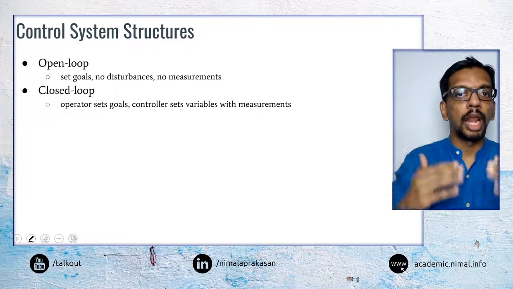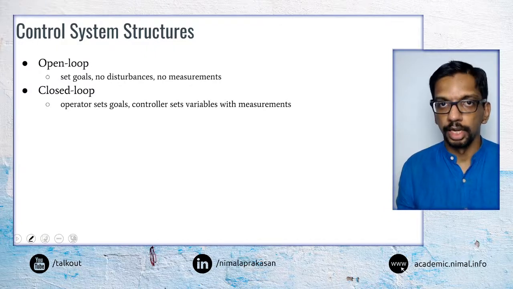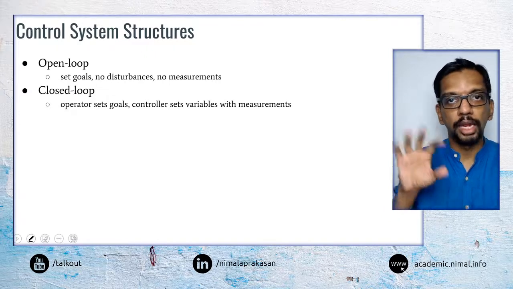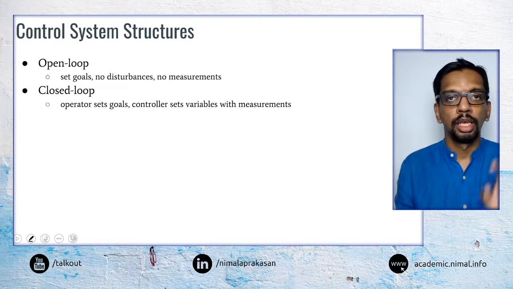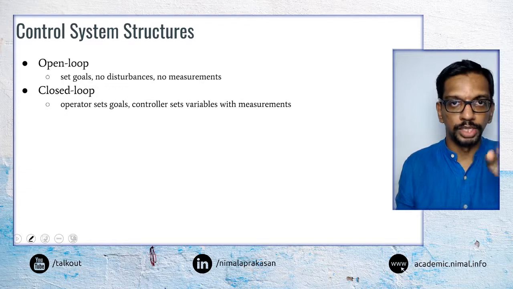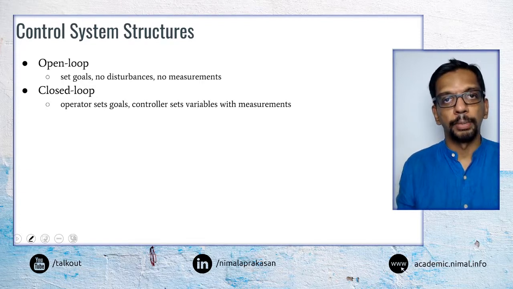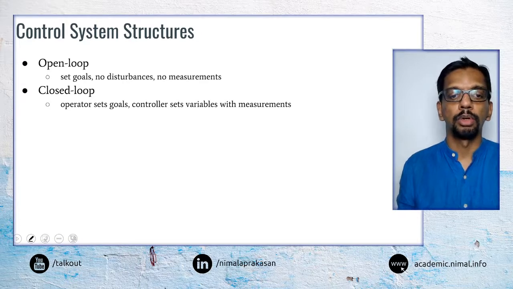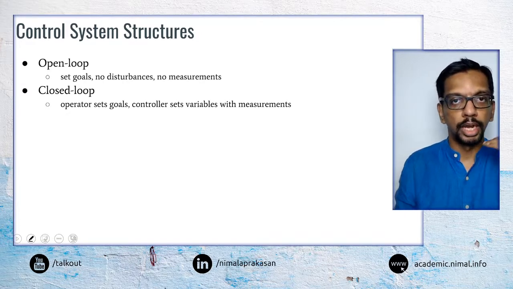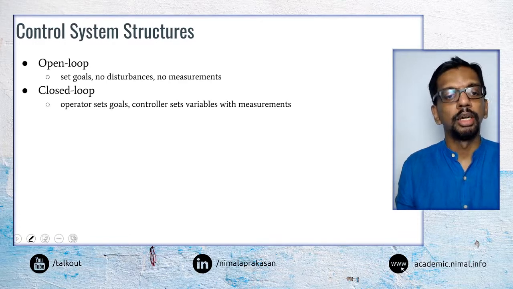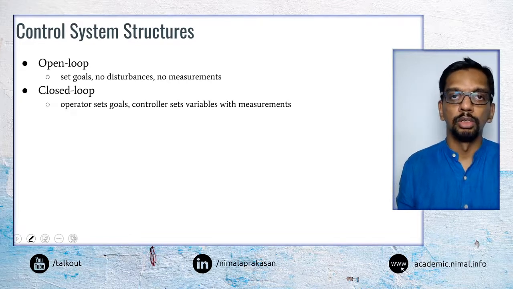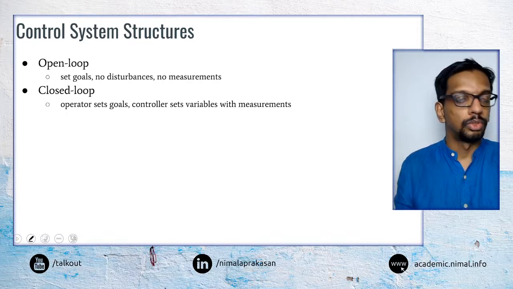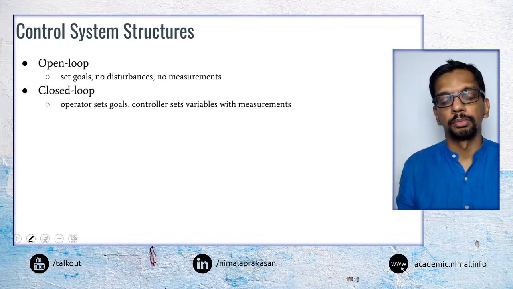We can understand this with an example of a fan and an air conditioner. In the case of a fan, we set a goal. We set it to run at a particular speed. It will rotate at that speed and keep on running. No additional information is provided and no measurements are taken. It will keep at it according to the goal that is given. So that is an open loop system.